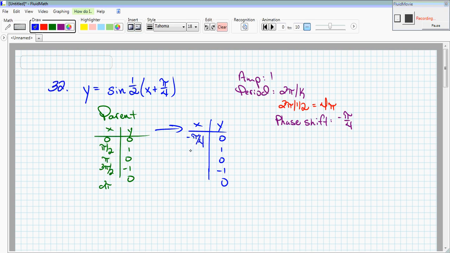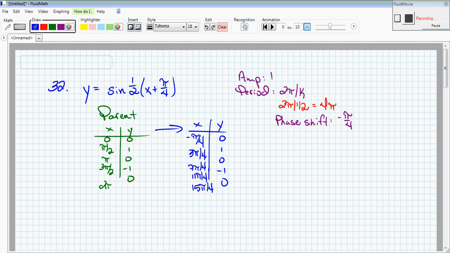So then what this would become is 3 pi over 4. This would become 7 pi over 4. This would become 11 pi over 4, and this would become 15 pi over 4.